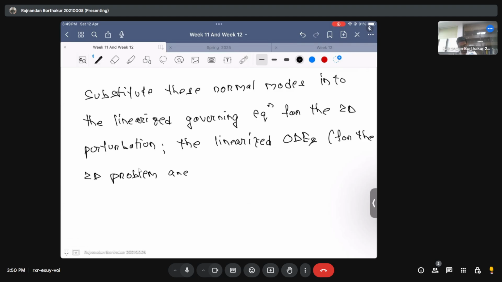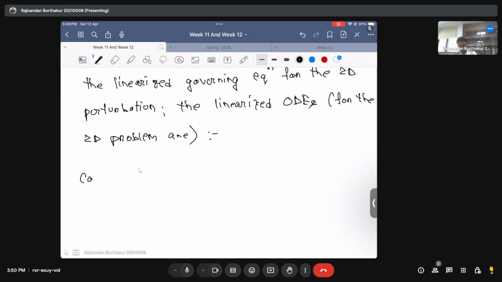So this is what we'll get. The continuity will be I times alpha u hat of z plus dw hat of z by dz equal to 0.